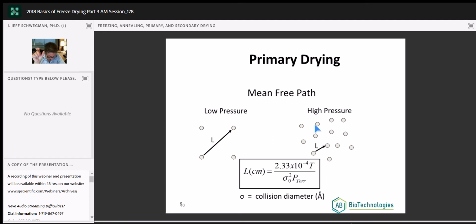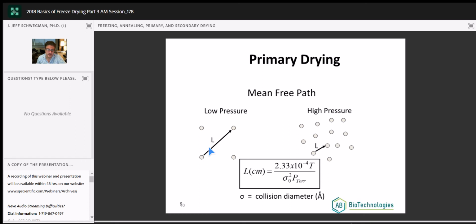So the distance L it has to travel before it bumps into another one is very short. If we put a high vacuum or a low pressure in the chamber, we're pulling a lot of that out. So the mean free path, again, is going to be a lot longer.